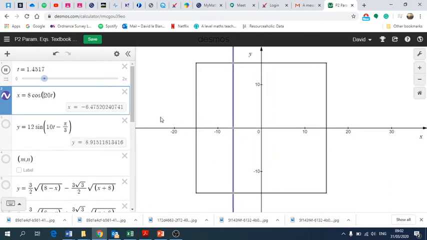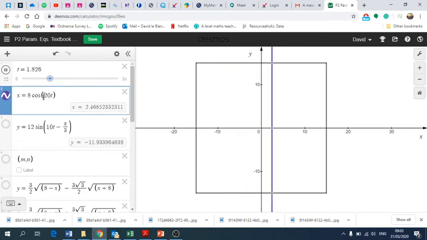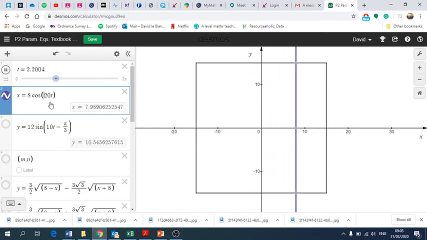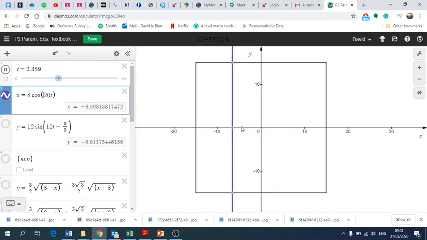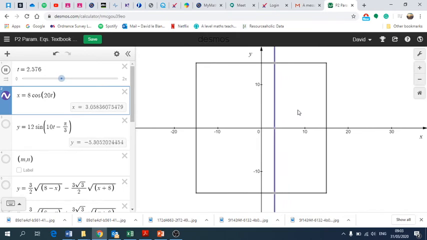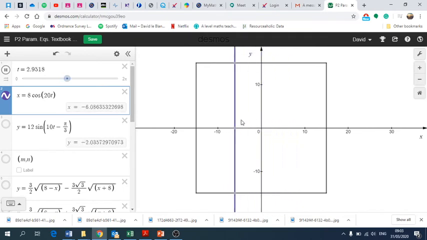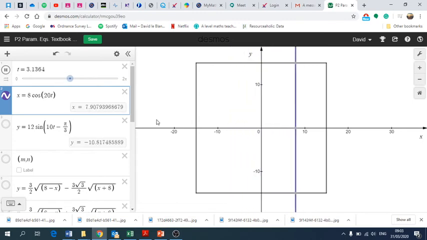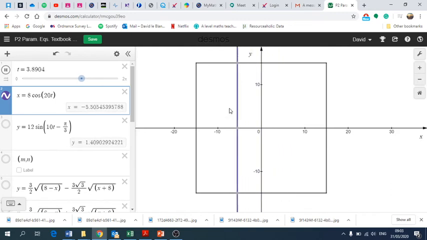So if we know the period for cos is every 2 pi, the period for cos 20t must be, if you like, a stretch by the factor 1/20th of cos t, so the period of that must be 1/20th of 2 pi. So in other words, it's going to be 2 pi over 20 or pi over 10, which is the period for this function. This is how often this repeats. Every pi over 10 it goes back.